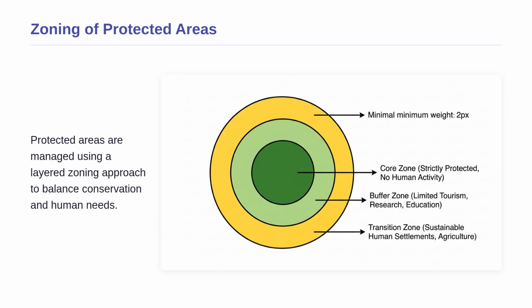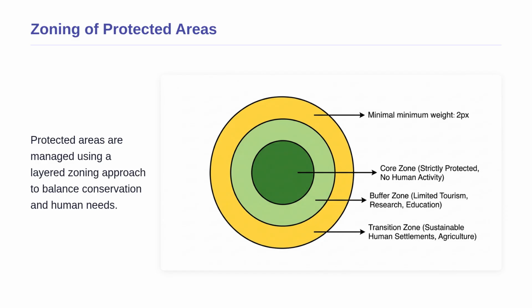To see how this protection is actually implemented on the ground, let us look at this zoning diagram. You're looking at a standard model for managing a protected area, divided into 3 concentric circles. Right in the center is the dark green core zone. This is the strictly protected area where absolutely no human activity is allowed, much like a national park.